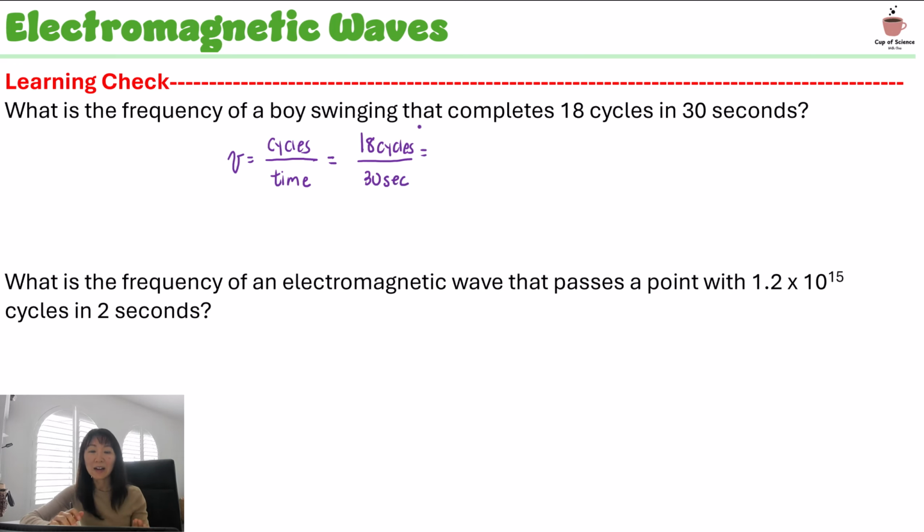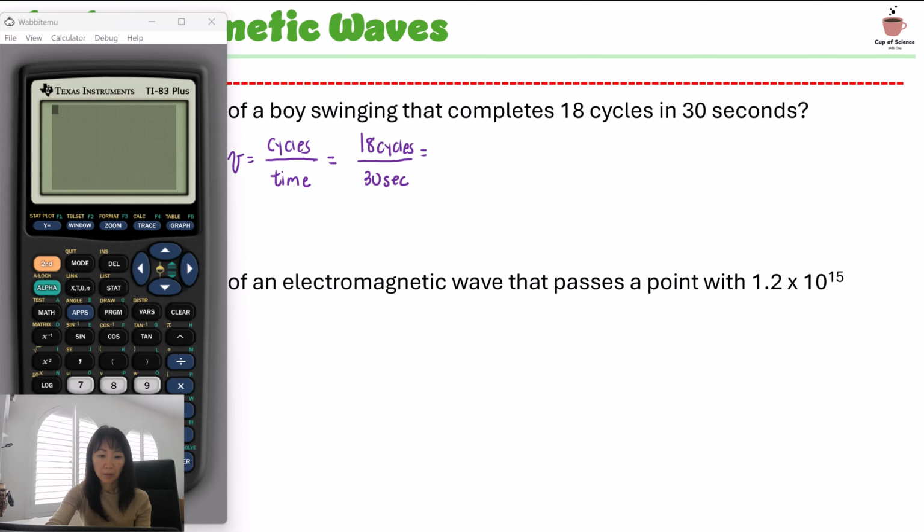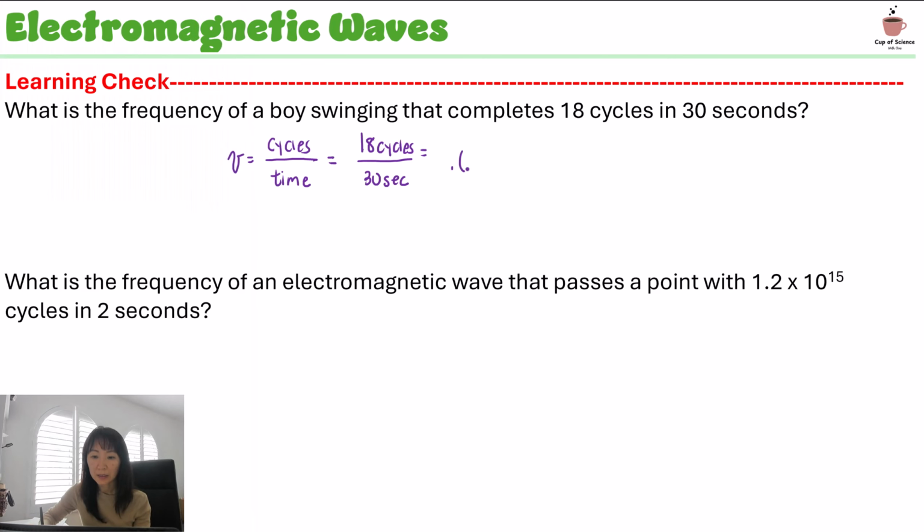Take out your calculator and let's calculate this. 18 divided by 30 is 0.6. So 0.6 cycles per second, or we can write second to the -1 power, or 0.6 hertz.